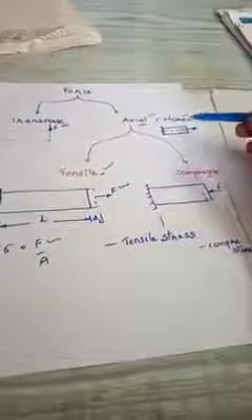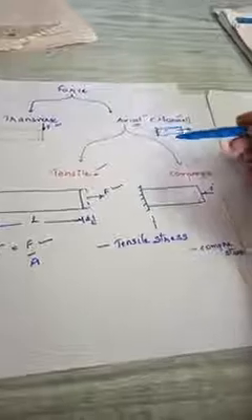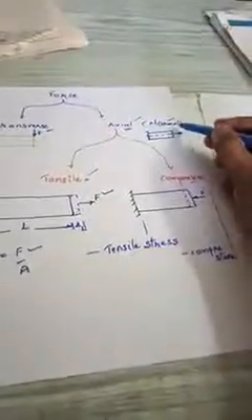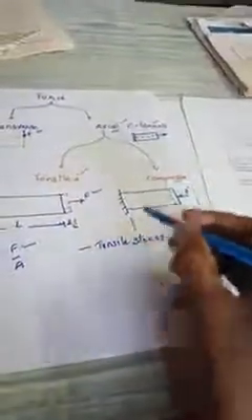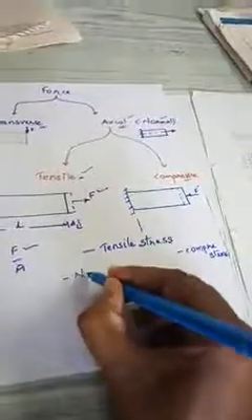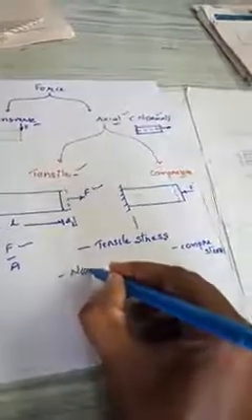I can use these two names also. In some books they use normal stress or axial stress instead of tensile, using different specifications or different names. If the tensile force is acting normal, it is normal tensile stress.